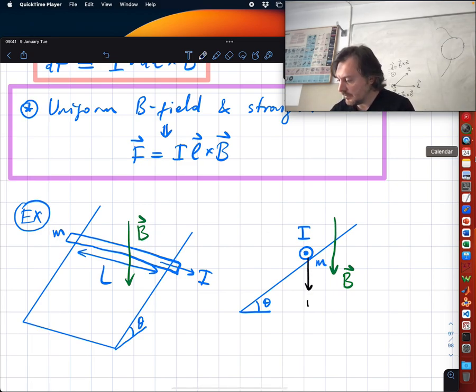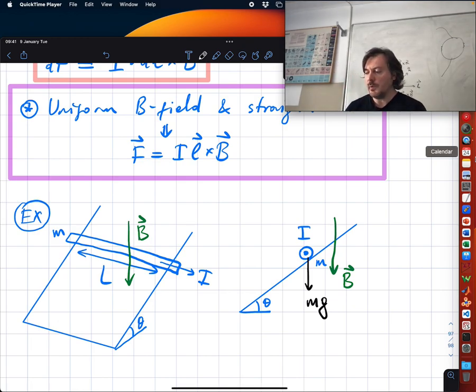There is mg. Which way is the magnetic force? Actually, this here, but normal from the plane.